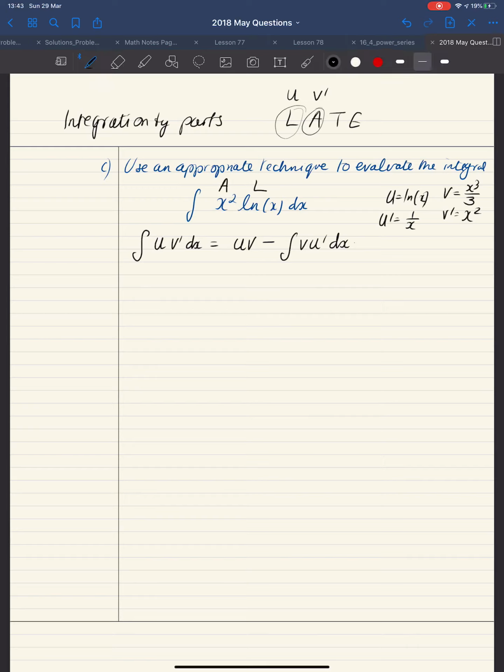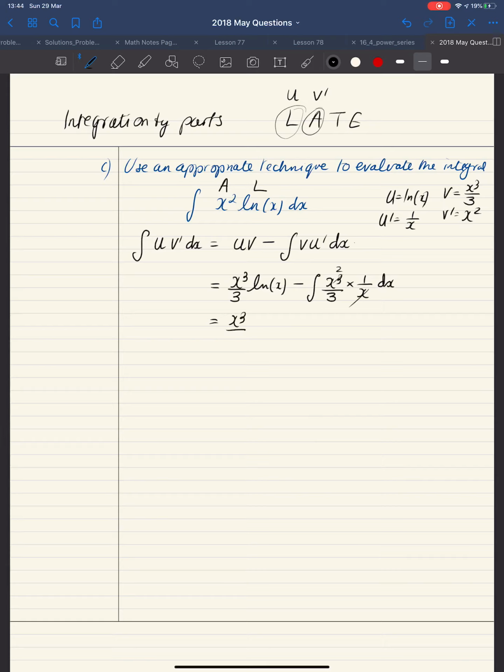So this is going to be U times V, we'll put the V first: x cubed over 3 ln x, minus the integral of V times U dashed dx.